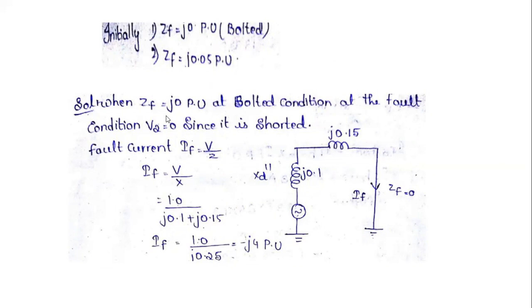When ZF is equal to 0 per unit at bolted condition, at the fault condition V2 is equal to 0 since it is short circuited.